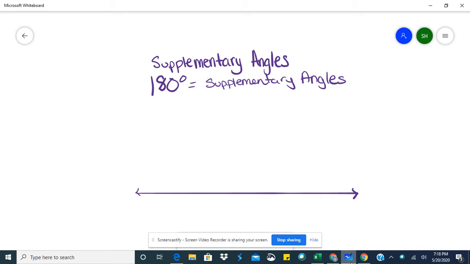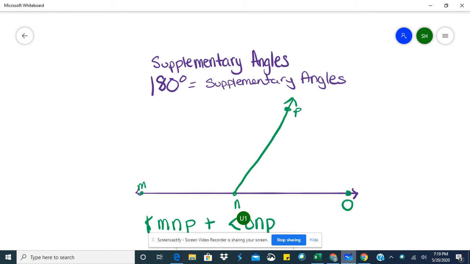So if I have a line and an angle, the angle MNP plus angle ONP equals 180 degrees. That is this entire degree.